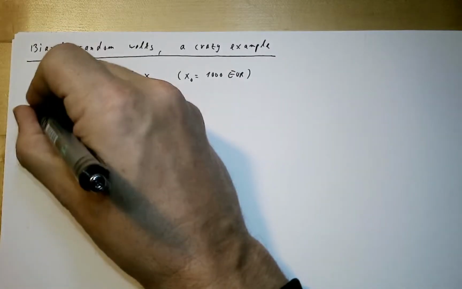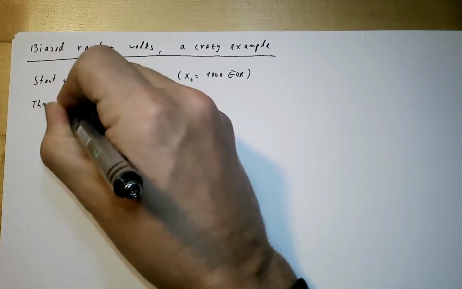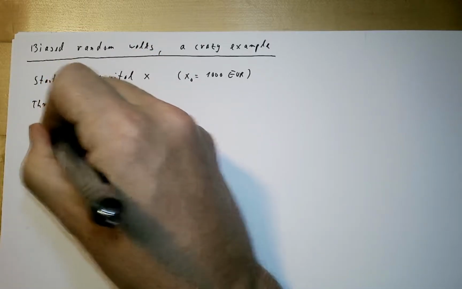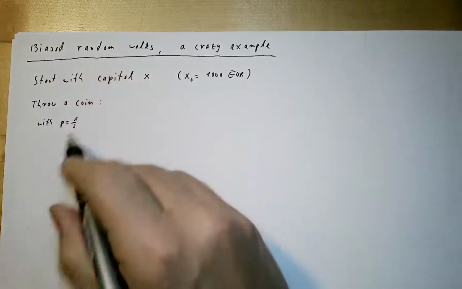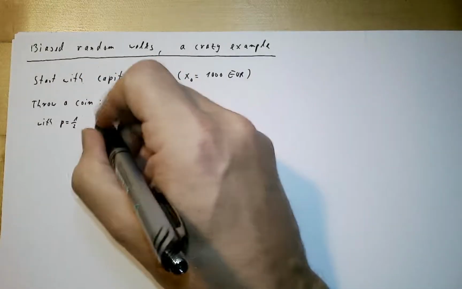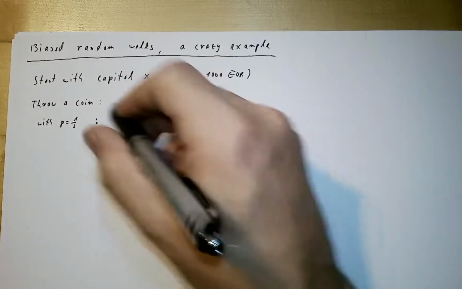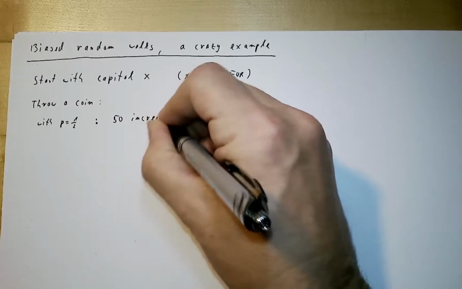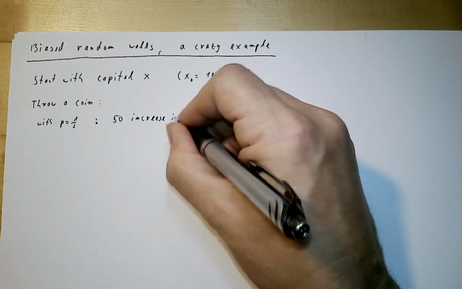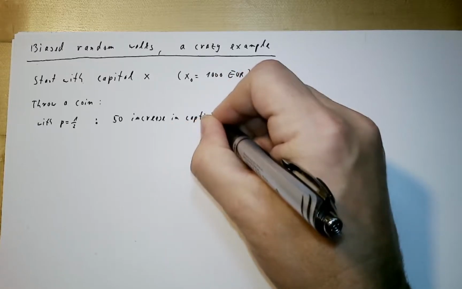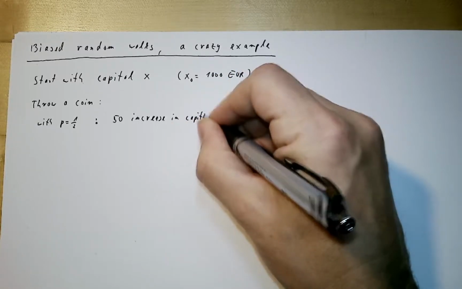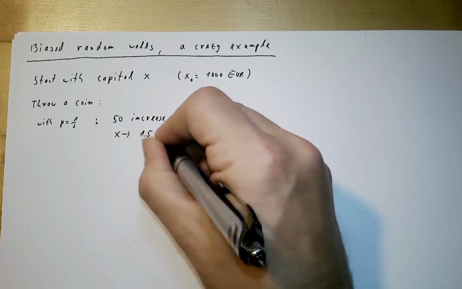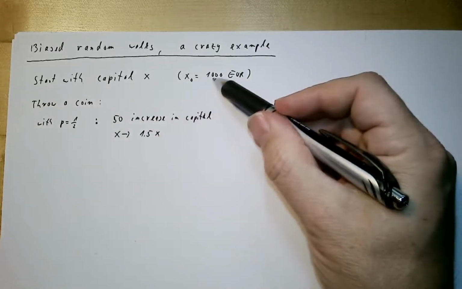We throw a coin, and with 50% chance we have an increase in the capital, in your money. So x goes to 1.5x, so we would then get 1,500 euro.